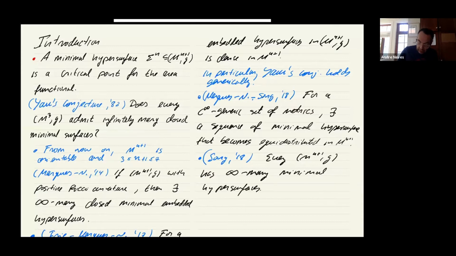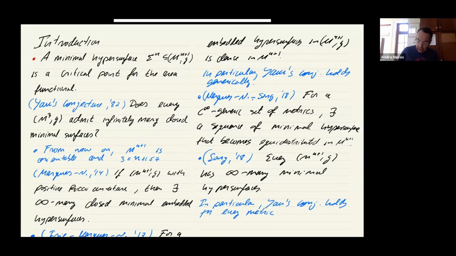In particular, what this result means is that Yau's conjecture holds now for every metric. Thus, in particular, Yau's conjecture holds for every metric.